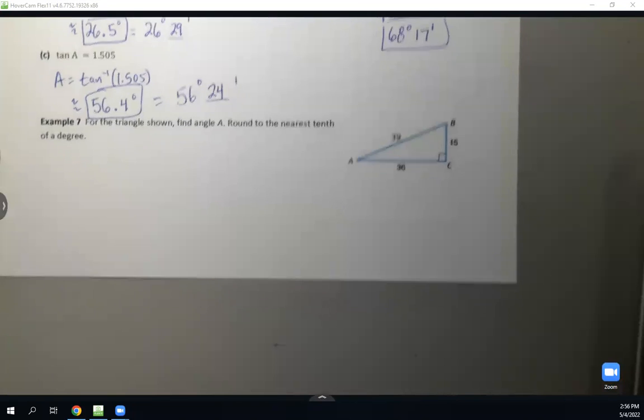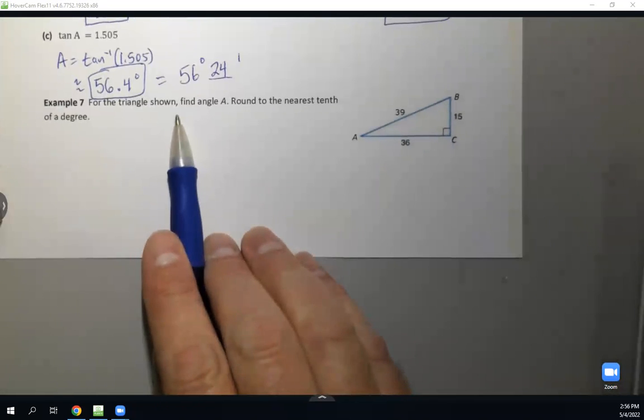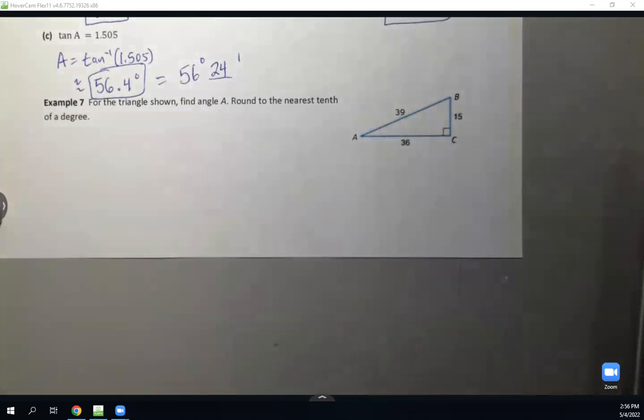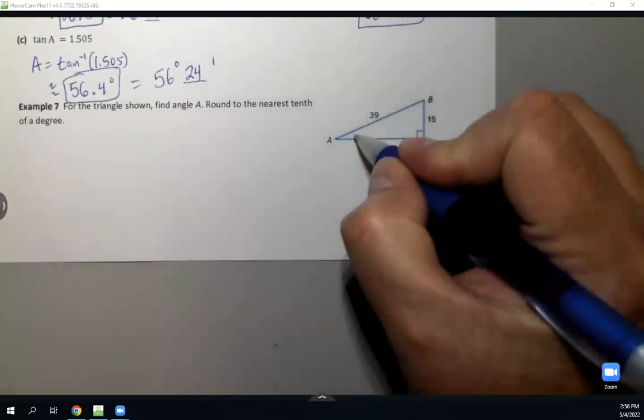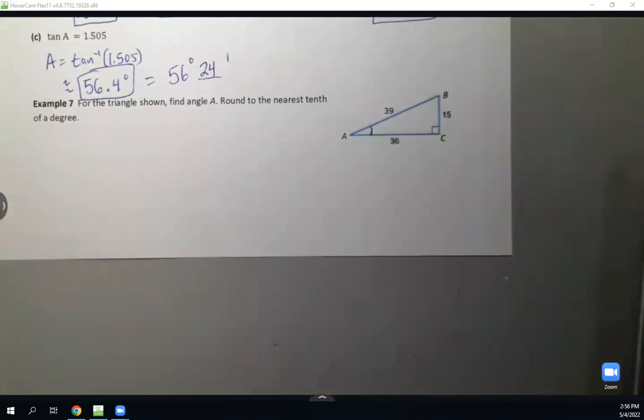So example 7, we'll call it a semester almost, except for the business of a test. Okay. For the triangle shown, find angle A, round to the nearest 10th of a degree. So I want to know what's that angle. Well, how can I do that?